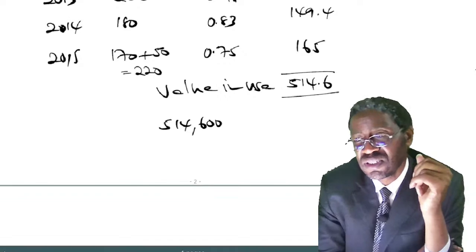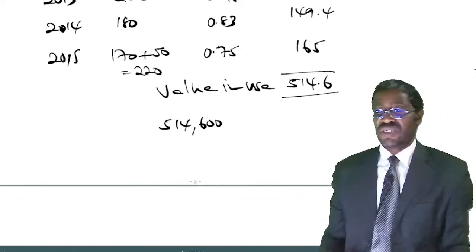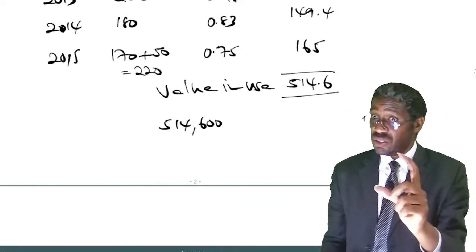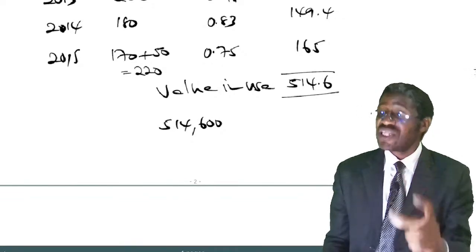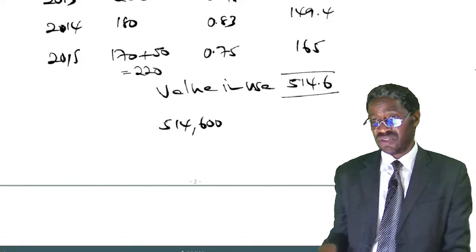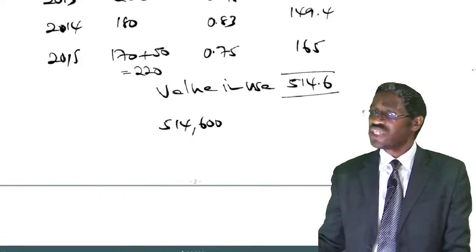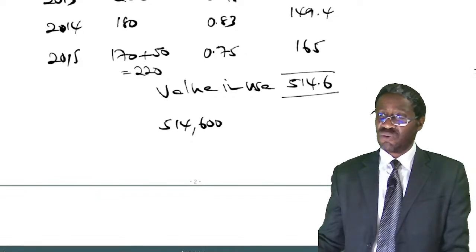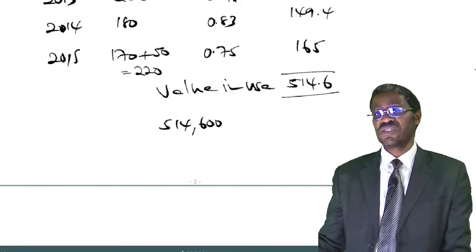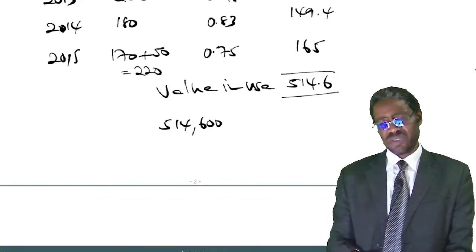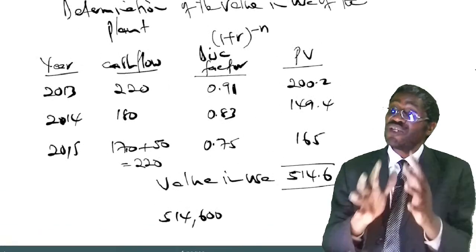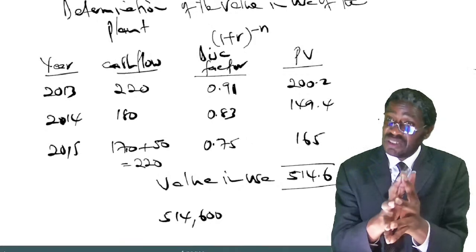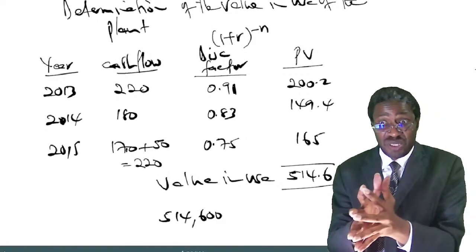Good. Then from there, now listen, we were told by part 1 to test whether the asset has suffered. From your conclusion now, has this plant suffered? From what we have done so far, now we know the carrying amount, and now we know the recoverable amount.